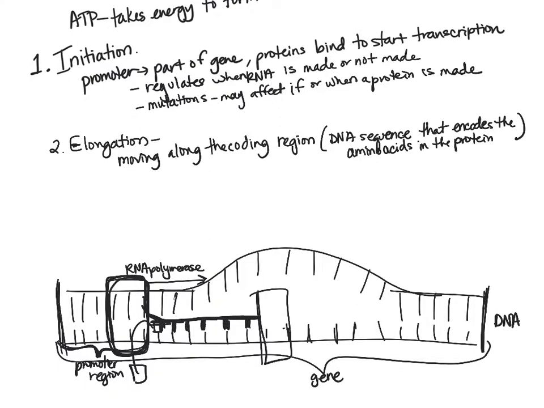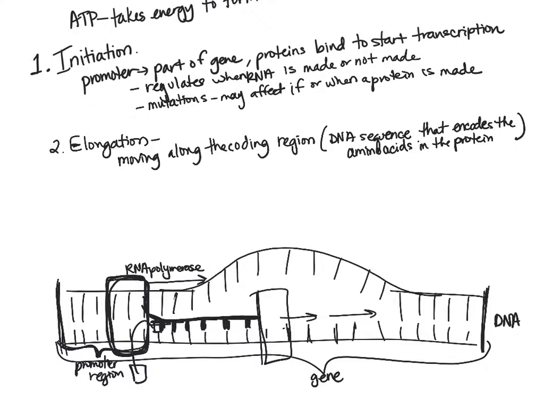So complementary base pairing, and these are attached by hydrogen bonds, right? The RNA polymerase knows what to attach because it can read the strand of DNA. It knows that when it sees an A, it'll add a U. When it sees a C, it'll add a G, and all of those vice versa. And so it's going to continue along until it gets to the end of the gene.